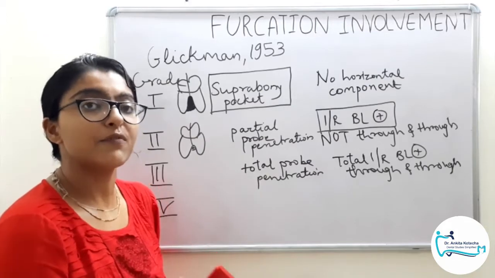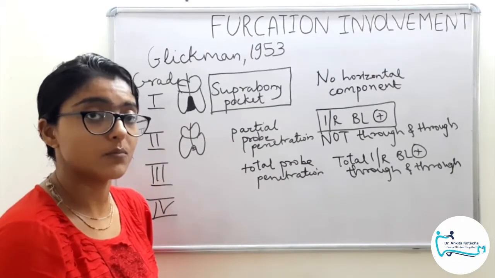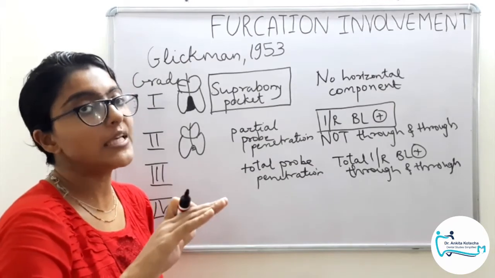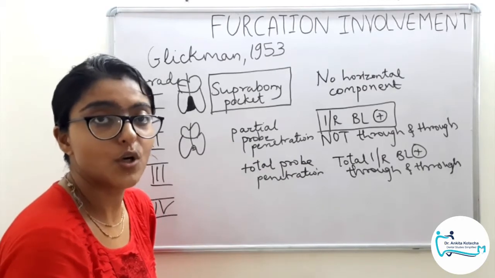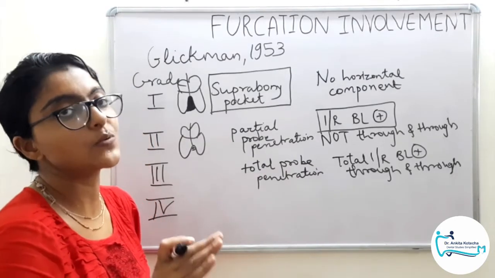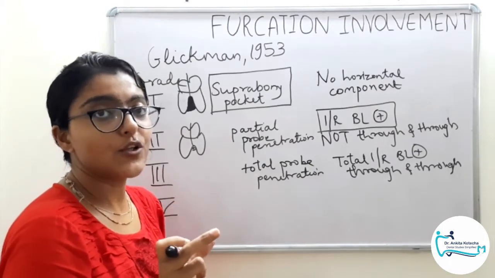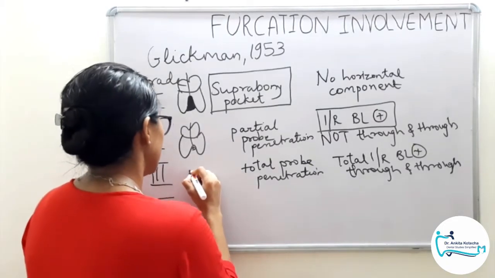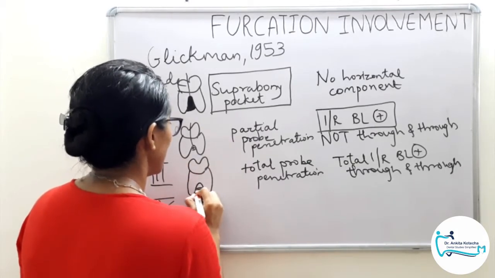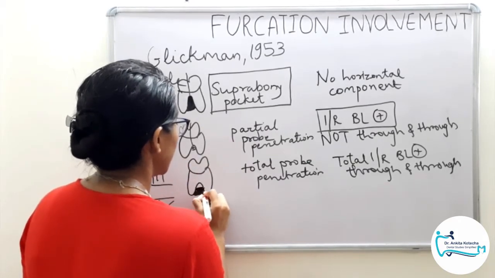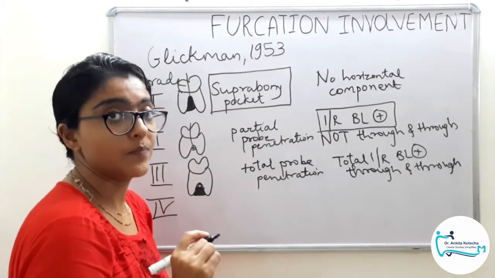Let's say if we start the penetration of our probe from the buccal furcation in mandibular molars, it will come out from the lingual furcation. And vice versa. That is, if we start our penetration of the Nabers probe from the lingual furcation, it will come out from the buccal furcation. That is total interradicular bone loss. Here, the bone loss is complete. So, on the radiograph, we will see a clear bone loss defect.